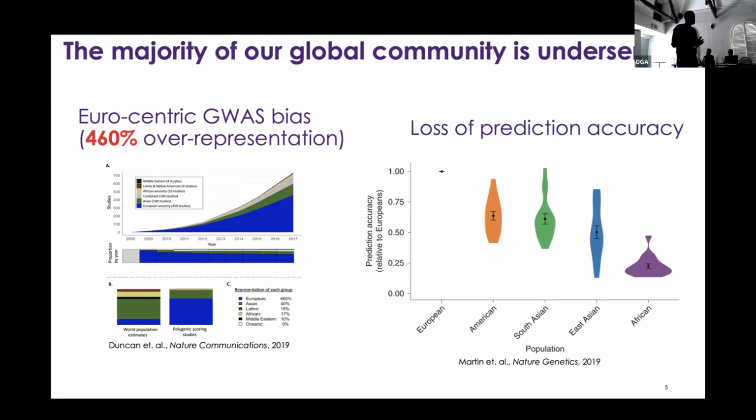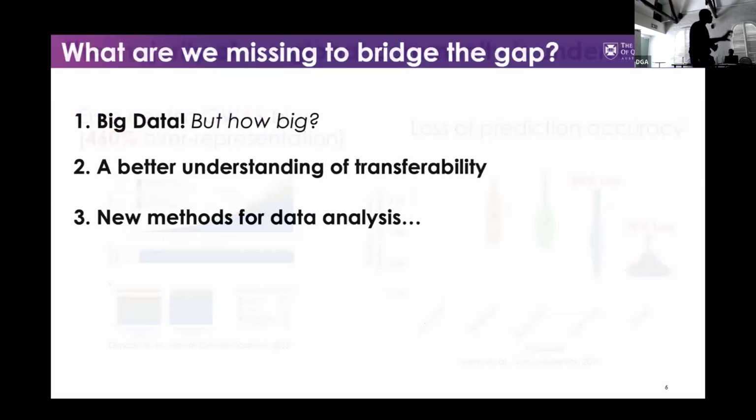Unfortunately, this overrepresentation has implications. One of them is that our ability to predict risk of disease, for example, is severely reduced in underrepresented populations. We're talking between 50% and 75% loss in prediction accuracy. 75% is the number to keep in mind because that applies to African ancestry populations.